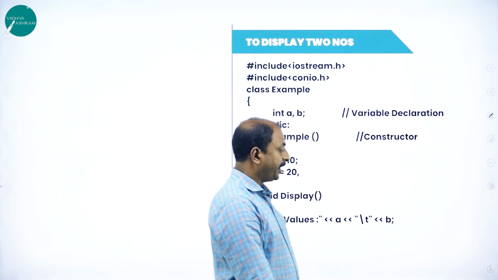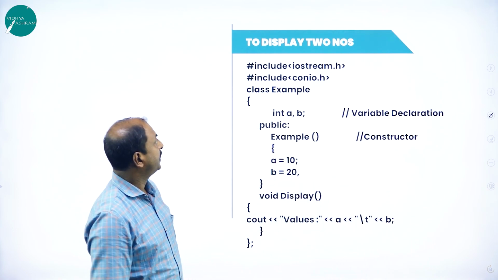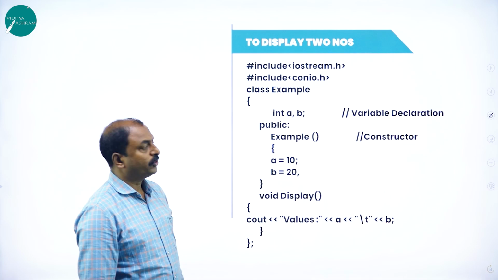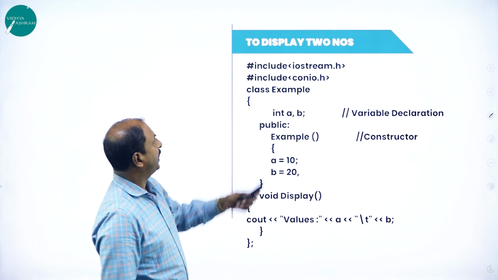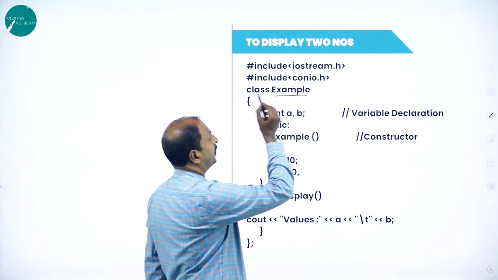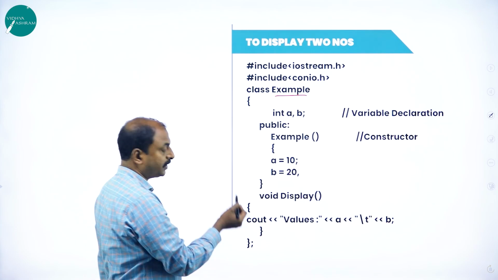Now let us see an example program, a program to work with constructors. The program as usual starts with the header files, then defining a class example. We are defining a class and this class is closed here with a semicolon.